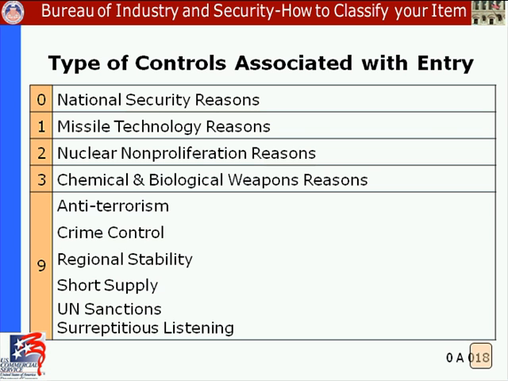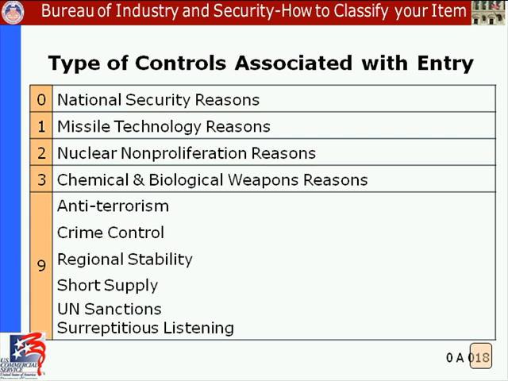And these 0-100 series ECCN numbers are all controlled for national security reasons. So all the products or software or technology in the 0-100 series are controlled for national security reasons. And some of these items may also be controlled for other reasons identified below the 0-100 series.